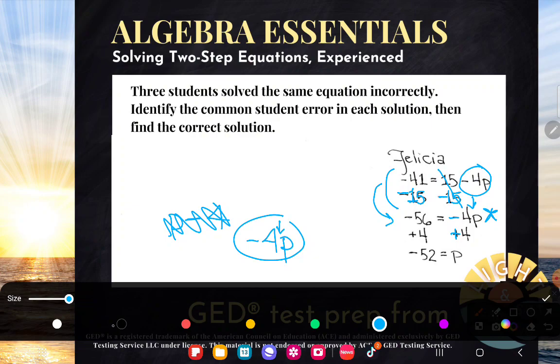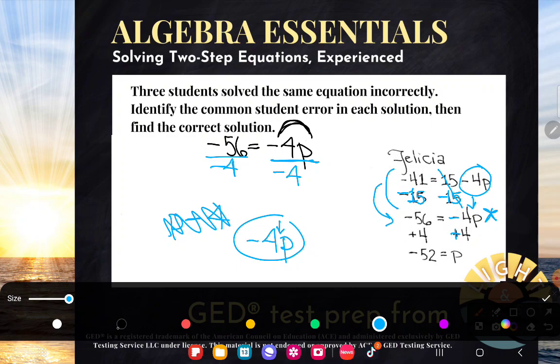So, okay, we've looked at all these students' errors. What is the correct answer? So let's get as far as all our students got to negative 56 is equal to negative 4p. And now let's solve correctly. So yes, these two things are multiplying, like Paul saw, even though Felicia didn't see it. And so I will divide, but I will divide by exactly the number I want to get rid of, the negative 4.